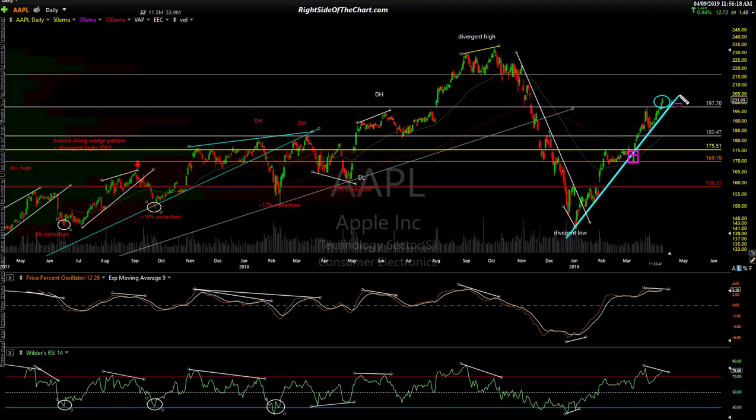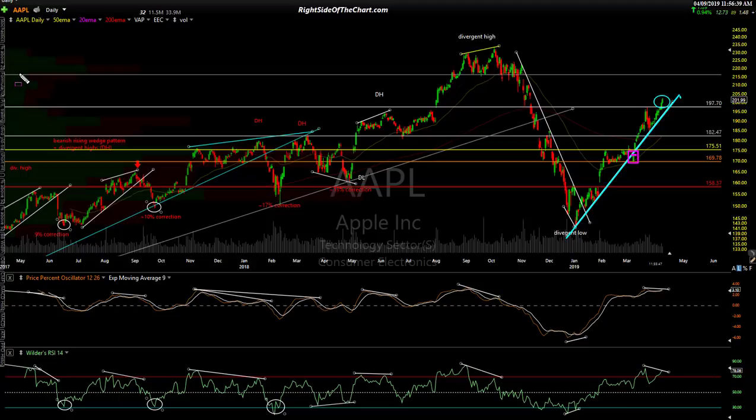So this is the trend line that needs to go. I have alerts set on a lot of these, and I suspect that if and when this one goes, I'll have a lot going off in close proximity, either that same day or within a day or so around it. But as far as Apple right now, near term, momentum is up. People are all excited about those new all-time highs.